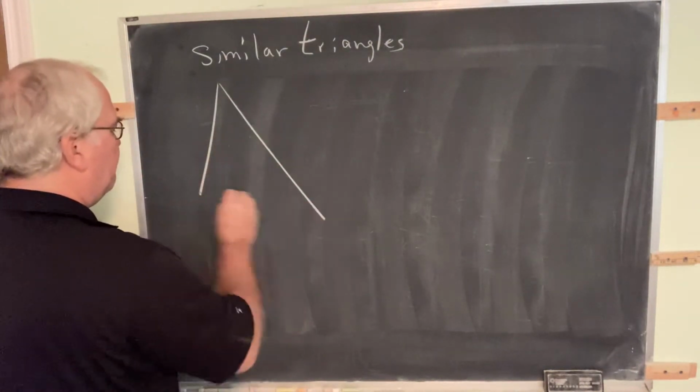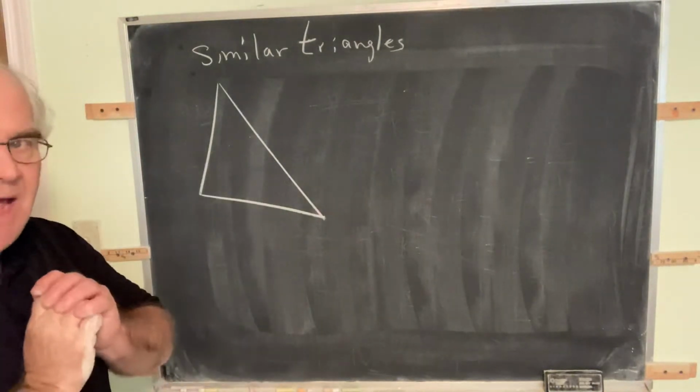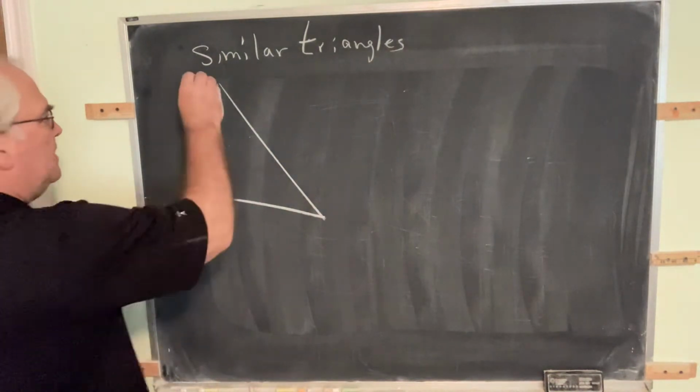There's a theorem from basic geometry that says this: in any triangle, call this ABC.